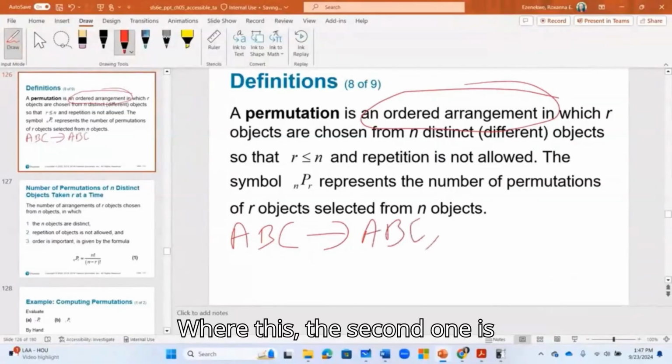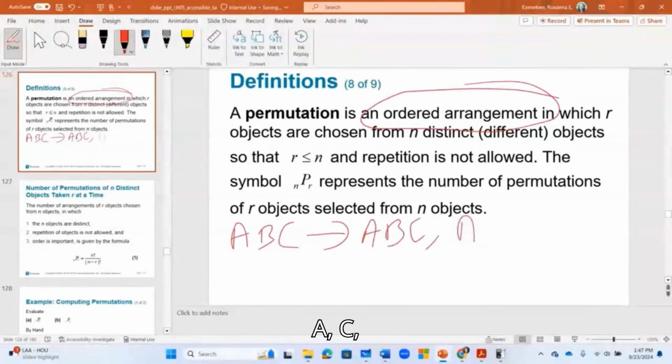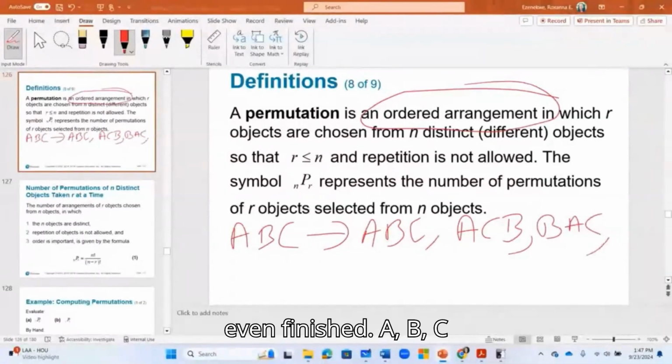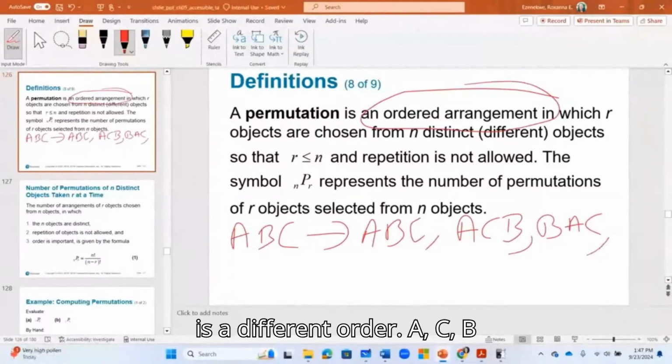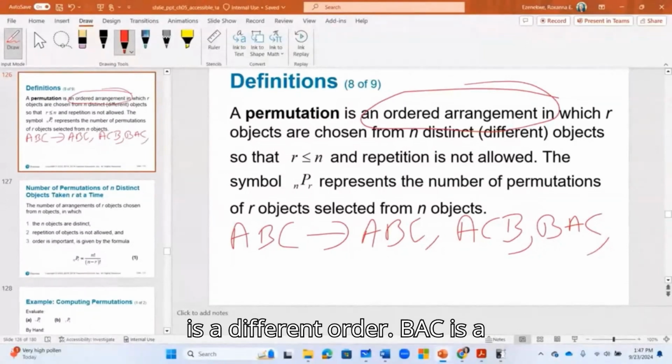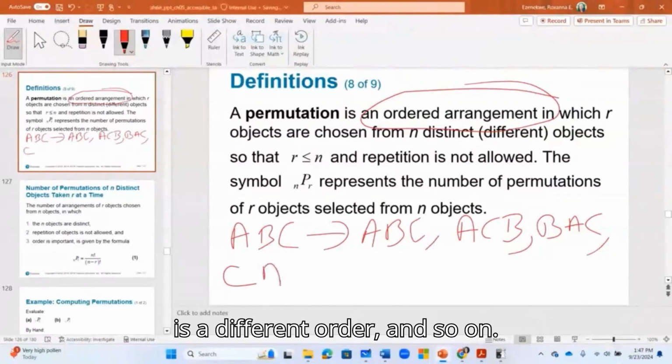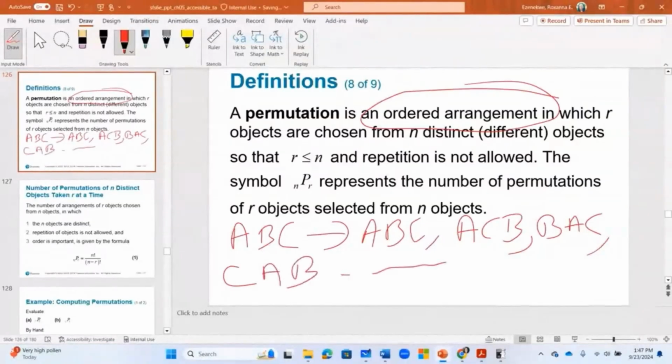The second one is A, C, B. The third one is B, A, C. A, B, C is a different order. A, C, B is a different order. B, A, C is a different order. See? And C, A, B is a different order, and so on.